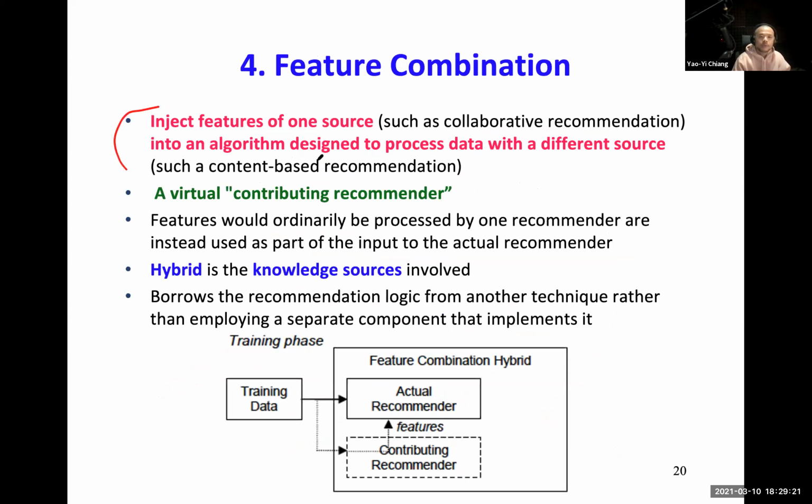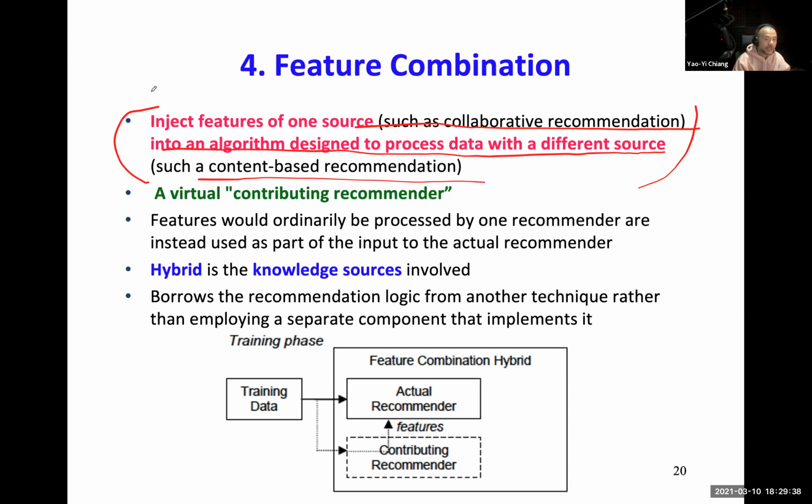All right, feature combination number 4. Here we want to generate some recommendations, for example, from collaborative filtering, and send them into an algorithm designed to process data in a different way, such as content-based.